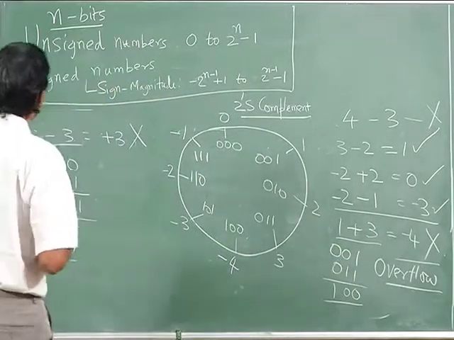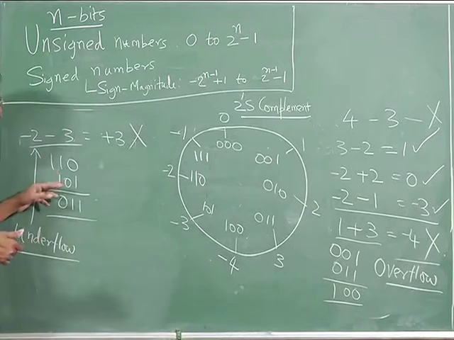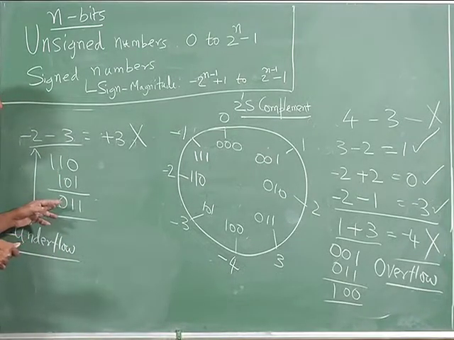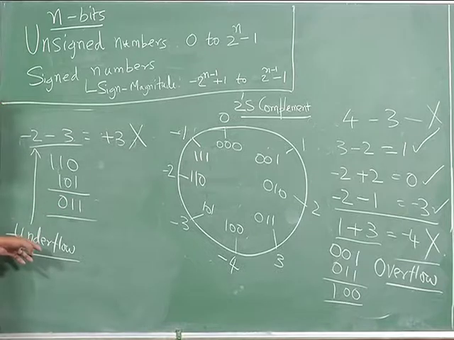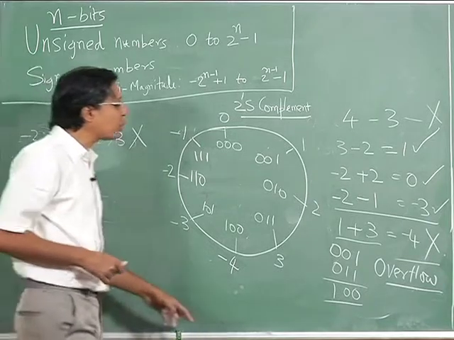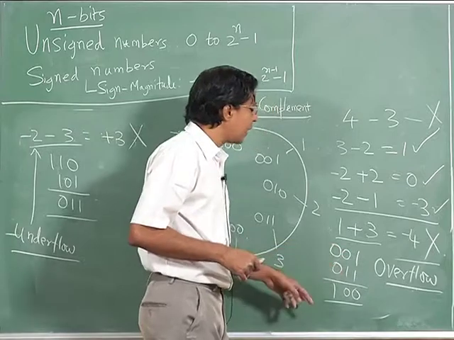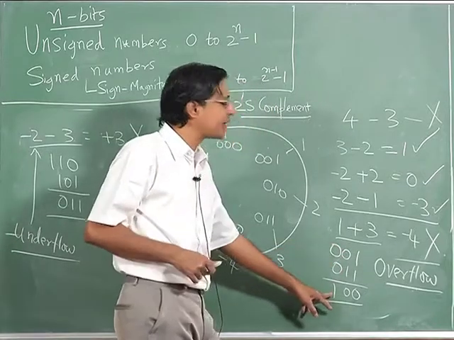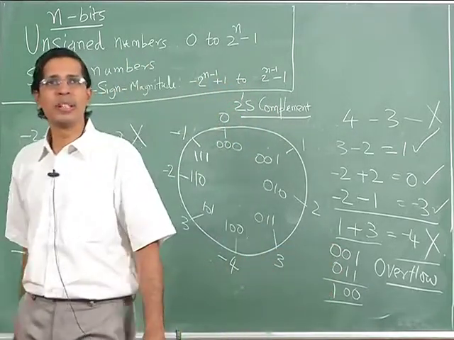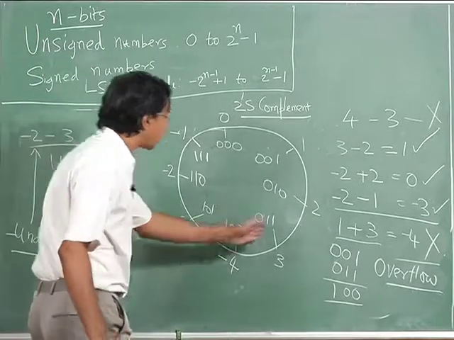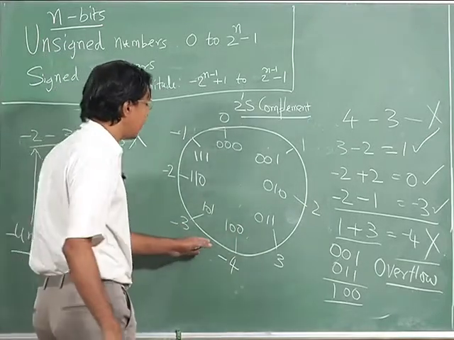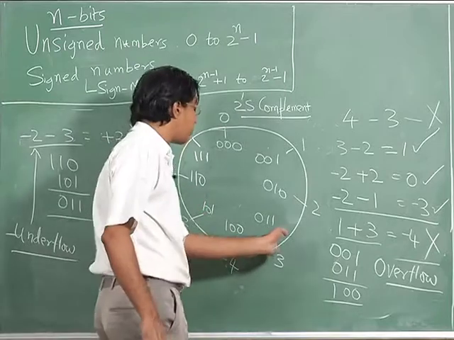So when I take two negative numbers and do the addition, and if I get a positive number as an answer, then it is an underflow. If I take two positive numbers and I get a negative number as an answer, then it is an overflow. Essentially it says that I have crossed this boundary or I have crossed this boundary.